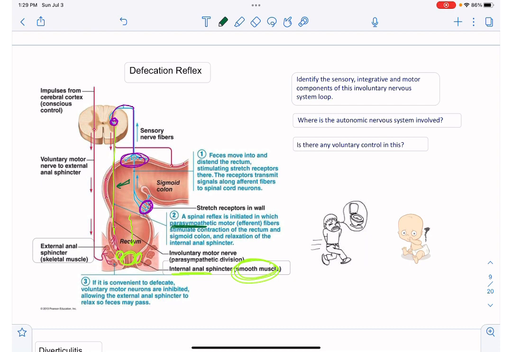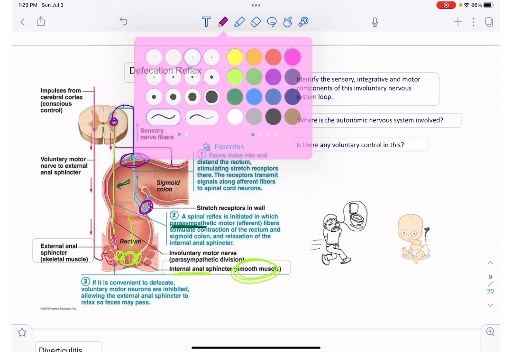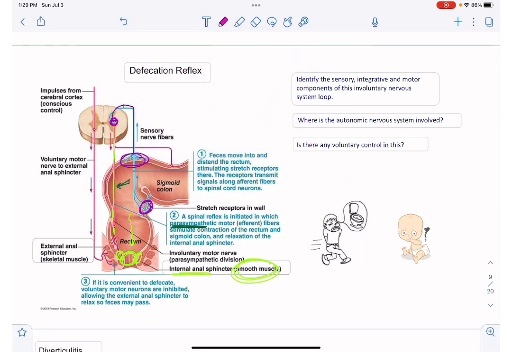Now, do we have any control over the defecation process? And the answer to that is yes, we do have a little bit of control. And that control comes from another sphincter called the external anal sphincter that are on both sides of the anal canal. The difference here, though, is that the external anal sphincter is skeletal muscle. And skeletal muscle can be consciously controlled.